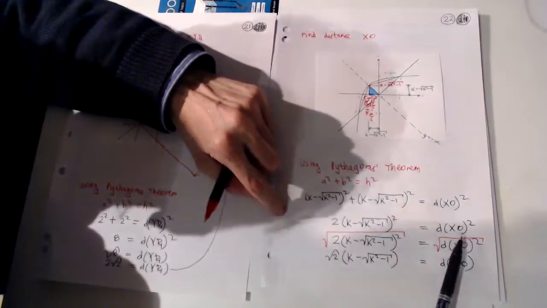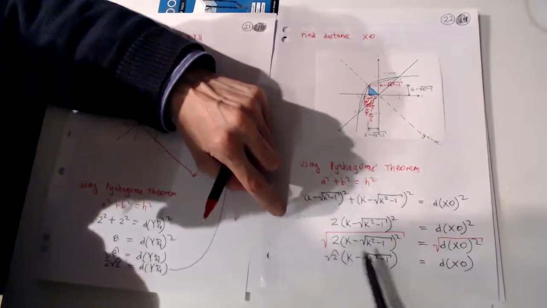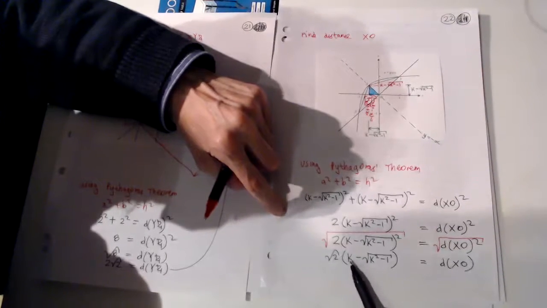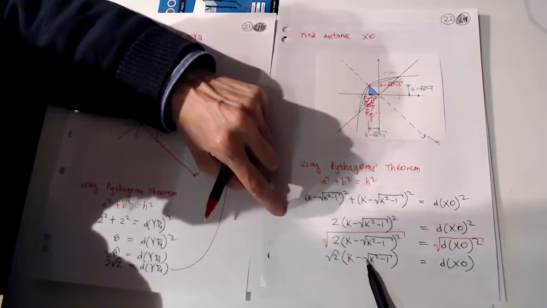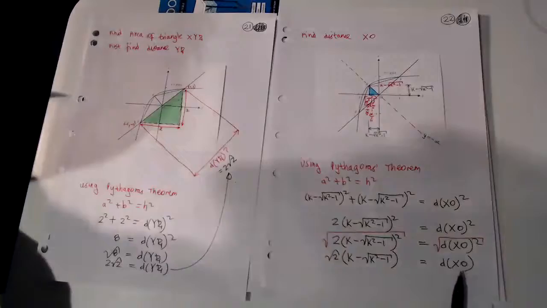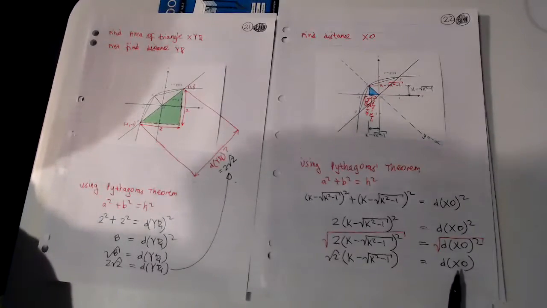Then you square root both sides, and you get that the distance XO is equal to square root of 2 brackets k minus square root of k squared minus 1. So now we know the distance XO in this question.